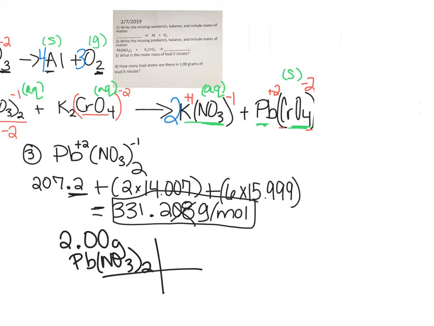So we bring grams down to the right. That's where the molar mass goes. So we already solved for the molar mass in the problem before. So we have 331.2 grams per 1 mole of this lead 2 nitrate.